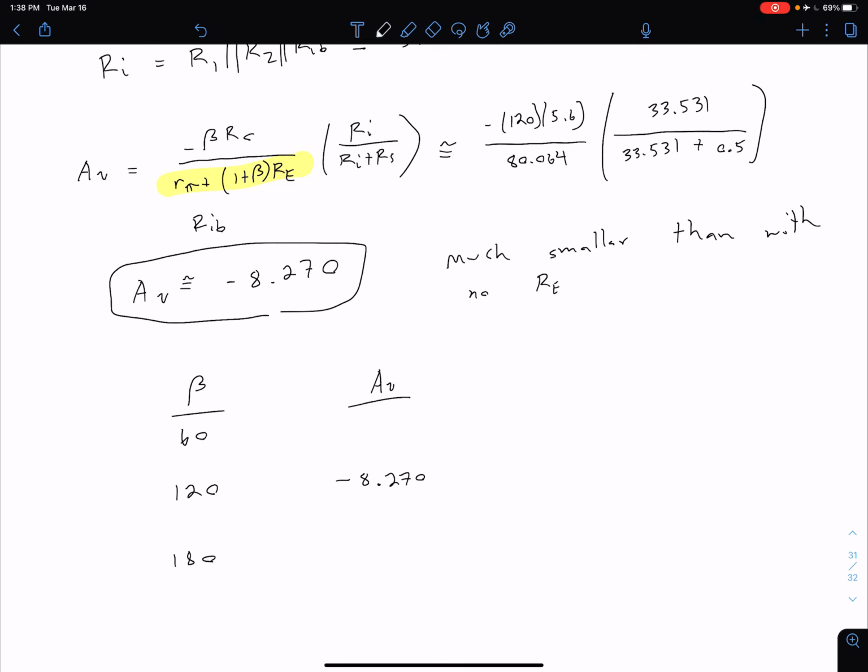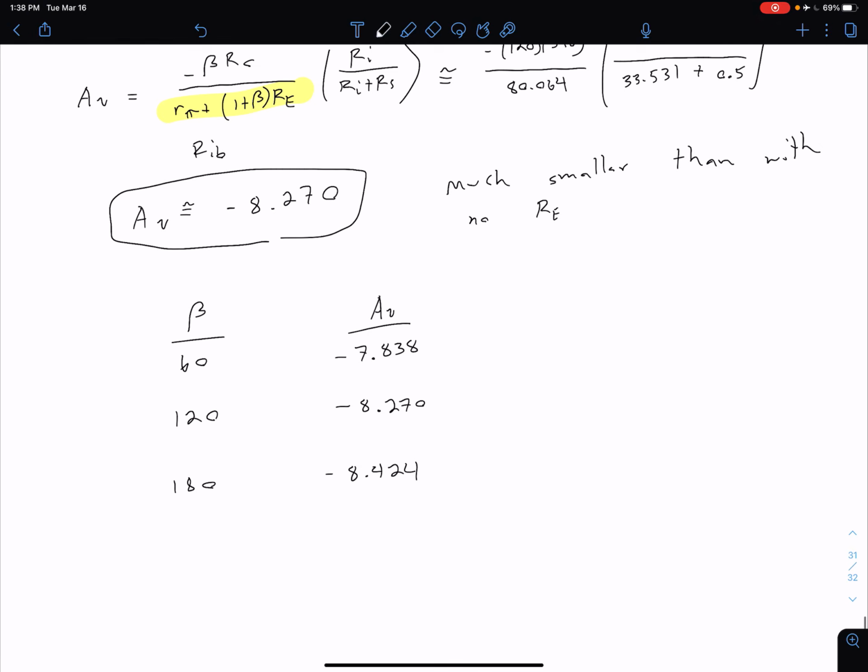What we would find is for a beta of 60, we have negative 7.838, and for 180, we have negative 8.424. So we see we have much better sensitivity, and by better, I of course mean lower sensitivity to our changes in beta, but we have reduced gain.